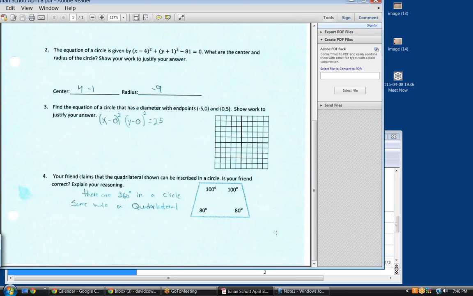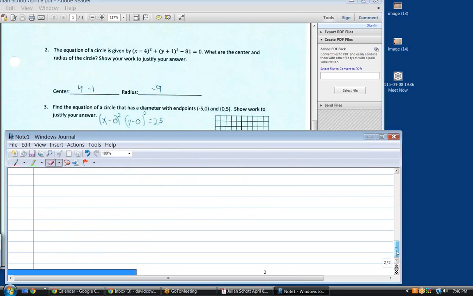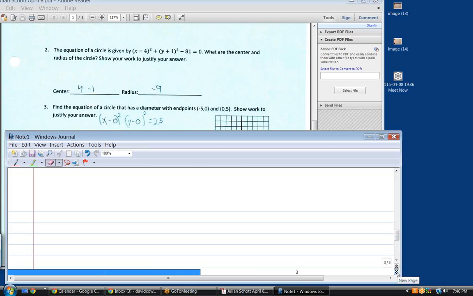Can you always inscribe a quadrilateral in a circle? No. Actually, I think you can. That's a good question. Why? Well, can I draw any kind of quadrilateral that I want?